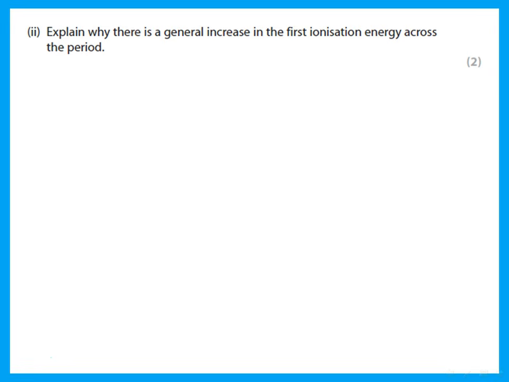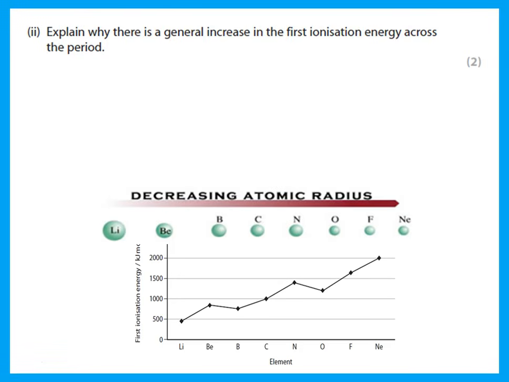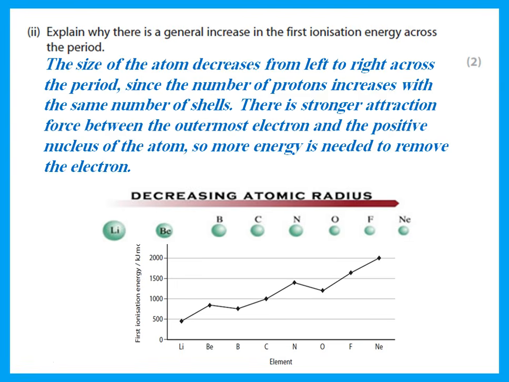Explain why there is a general increase in the first ionization energy across the period. Well, let's see. When we look at this, we are seeing that there is a general increase in the first ionization energy going from lithium to neon. And the main reason for that is that going from lithium to neon, the atomic radius is decreasing. Now, do you remember why it was decreasing?